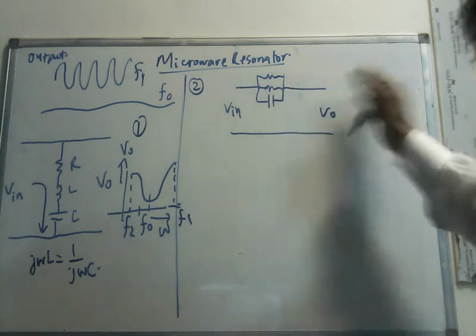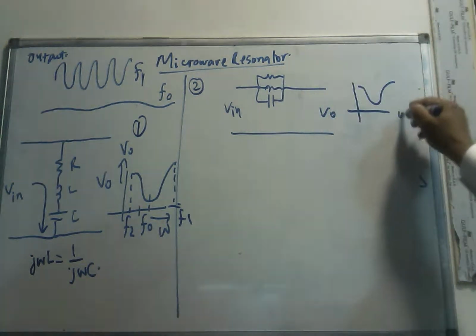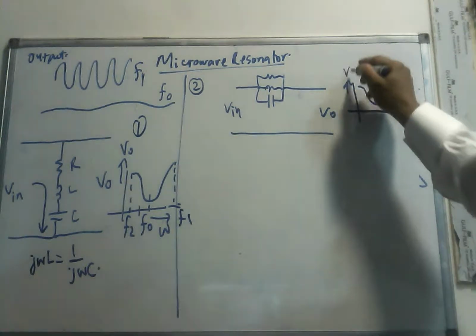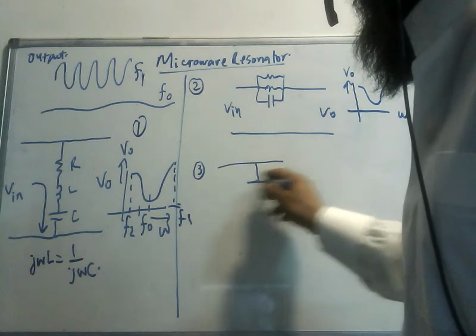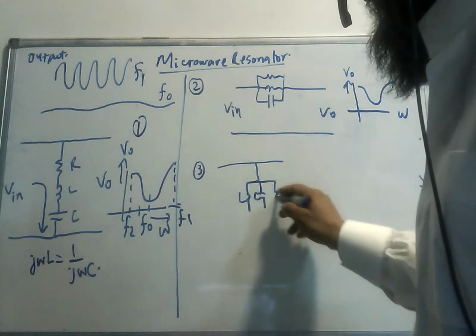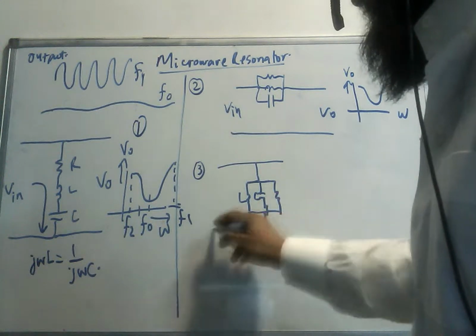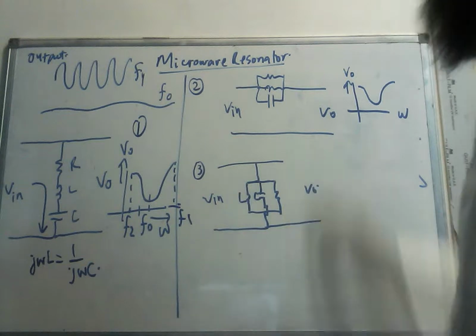So nothing will come out. So again, the characteristics will look like this. This is my omega, this is my voltage. Resonator connected in series. All these are resonance circuits. So L, C, and R, and I have V input and V output.